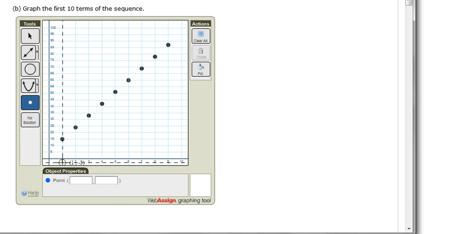Back to the point tool, and lastly 10, 96, enter. So this is what this sequence of points looks like graphed on the number line.